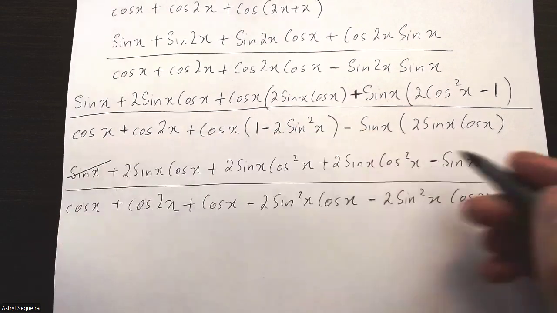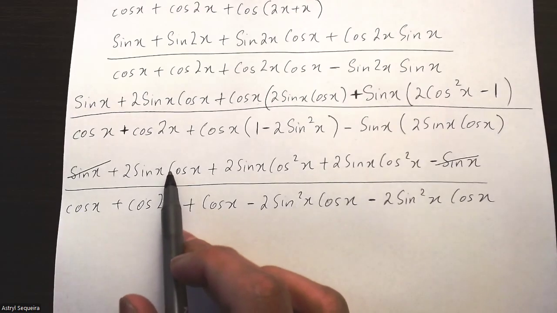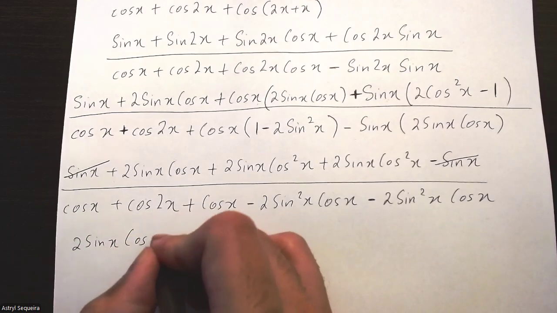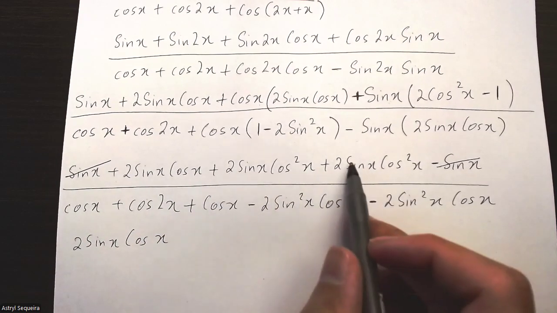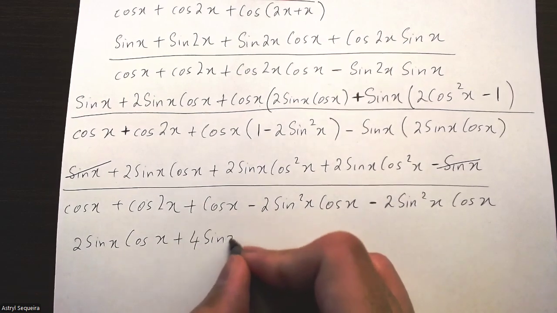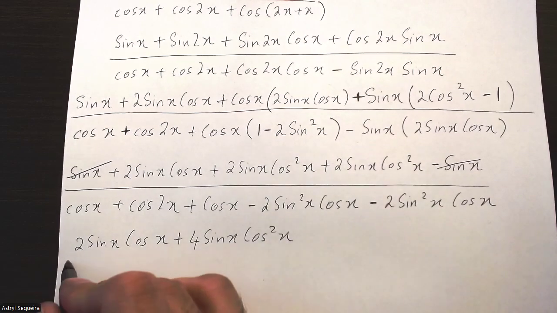So sine x and negative sine x just cancel off. I have 2 sine x cos x. That doesn't combine with anything. And 2 plus 2 is 4 sine x cos square x.